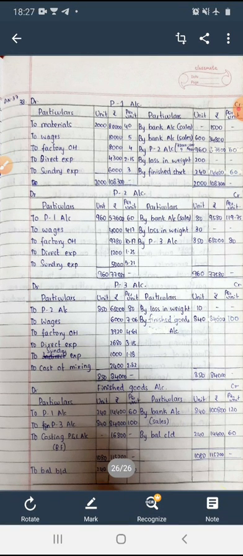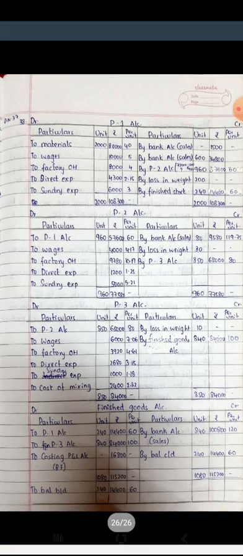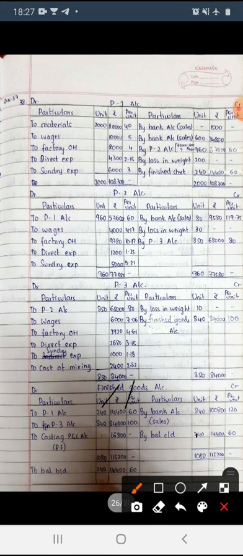Then the remaining output of process 3, balance carried forward for the next year. So by balance carried down, how much? 240, same 240, 14,460. And the difference you have to consider as the costing profit and loss account. This is the balancing figure. How much? 16,800. Then balance brought down of the P1.